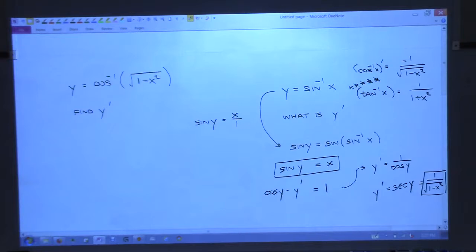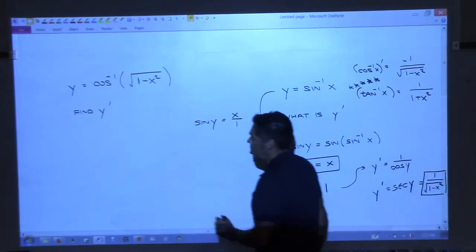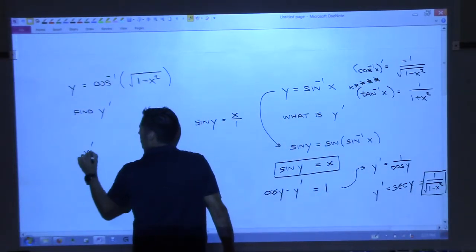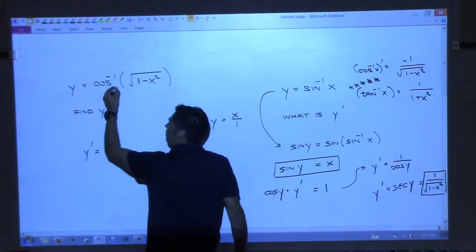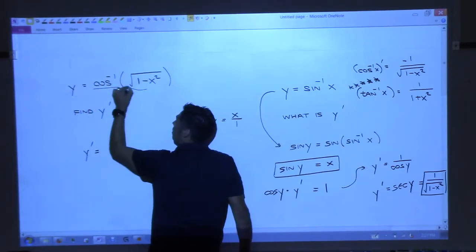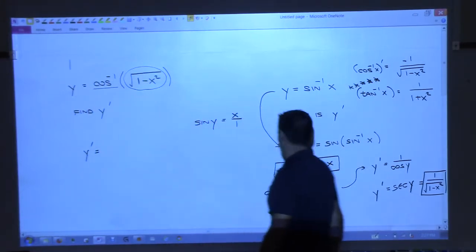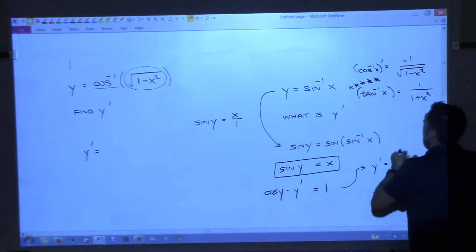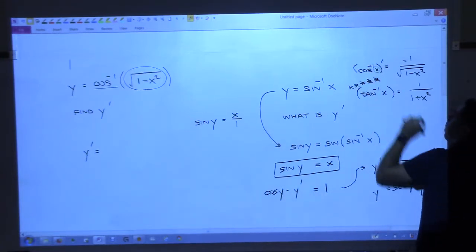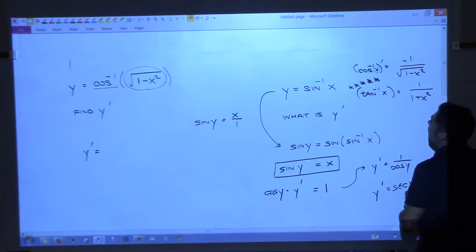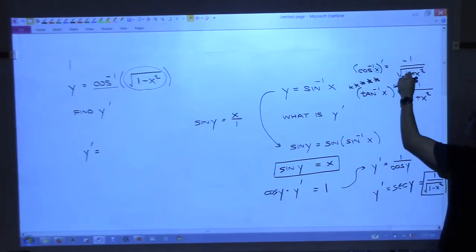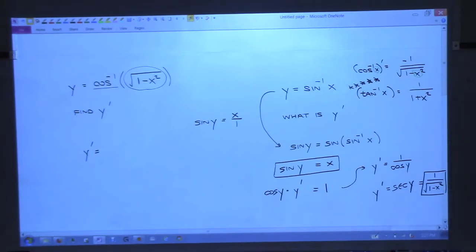So do you all see that we have composition? So the derivative of this would be the derivative of arc cosine of this, right? So it's kind of like, you know, this part right here is what I've circled over there. So the derivative should be negative 1 over square root of 1 minus, and then whatever that is squared. Yes? Okay, so let me write that down.